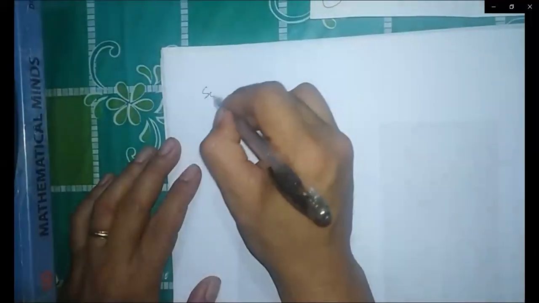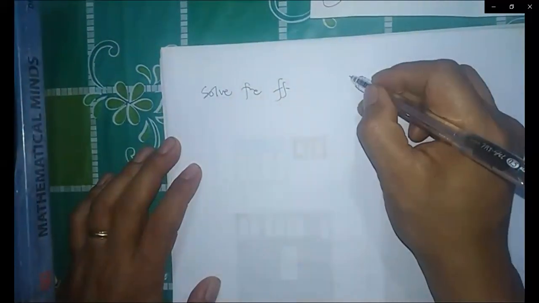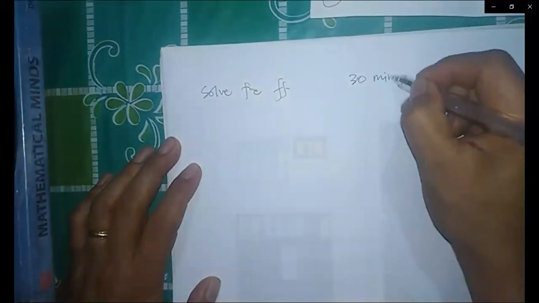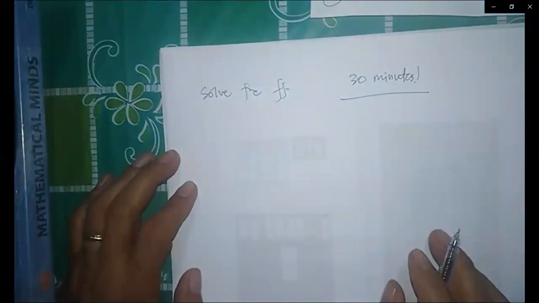Now, I will give you 30 minutes to solve the following problems. So take out your calculator and 2 pieces of paper to solve this problem. For 30 minutes only, you are going to solve number 1.